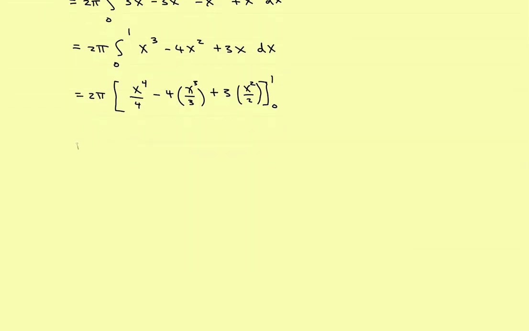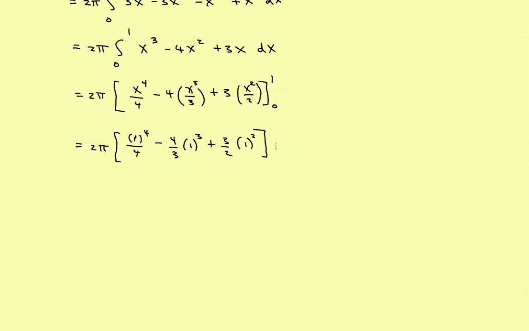Okay, so what that's going to be would be 2 pi times, and I'll go ahead and plug in the 1. So this is going to be 1 to the 4th divided by 4 minus 4/3 times 1 cubed, and then finally plus 3/2 times 1 squared.